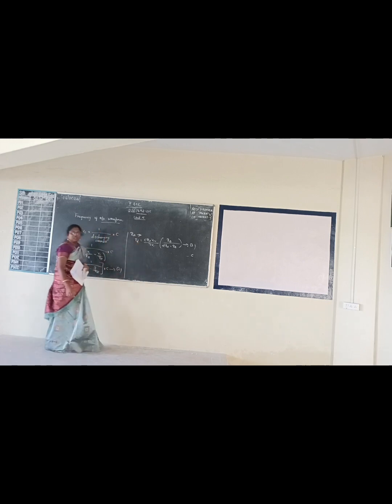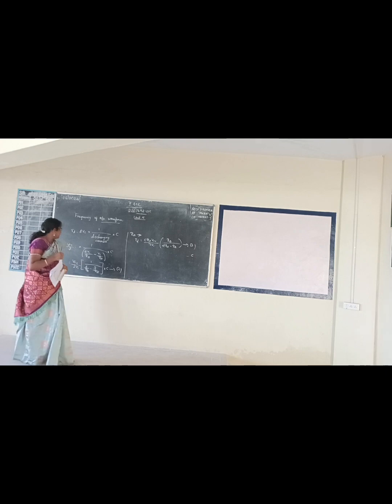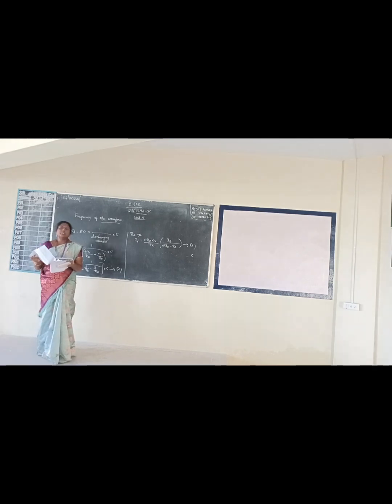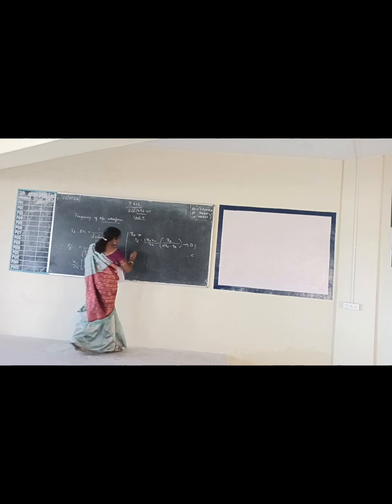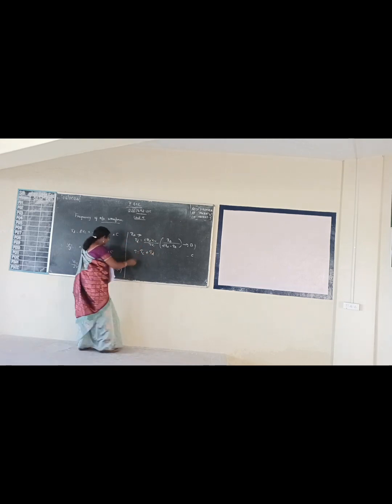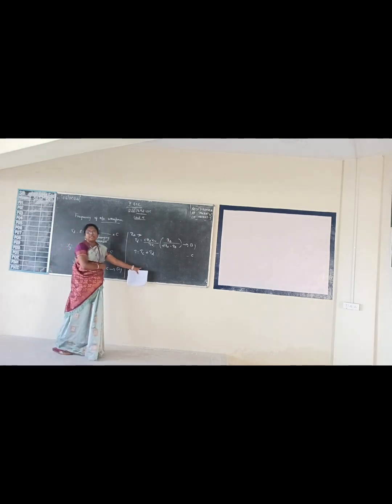Now you know the charging time and discharging time, right? So substitute this in the total time. T is equal to TC plus TD. Substitute both the values, simplify it and tell me the final answer.